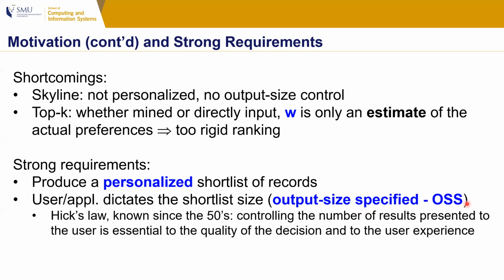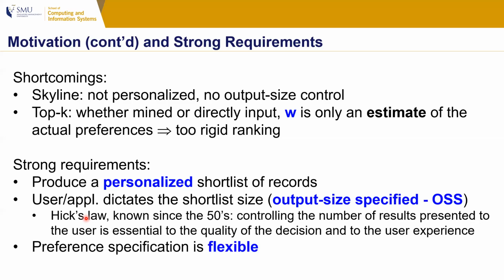It is based on a principle that has been known since the 50s, Hick's law, which suggests that controlling the number of results presented to the user is essential in order to effectively support her decision and to achieve a good user experience. And this has been the cornerstone in designing e-commerce applications.